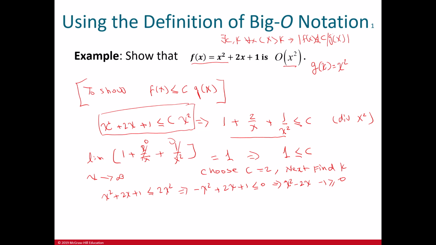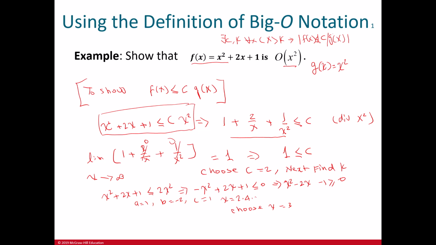Here a is 1, b is -2, and c is 1. When you do that, you will find some values. One of them is x equal to 2 point some small number, 2.4 whatever. So in this case, just to be safe, I'm going to choose x to be 3.